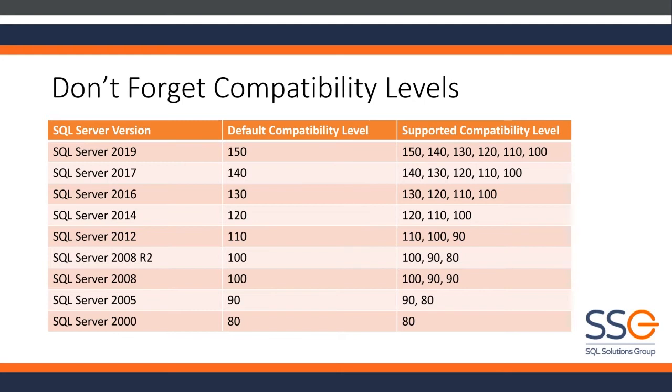Well, if you go over to the far right column and you look at the supported compatibility level, what's the last version of SQL Server that supports 80? SQL Server 2008 R2. So now, before we can even upgrade, even to 2012, much less 2019, we have to go through that process of regression testing and making sure our applications work completely with a new compatibility level.